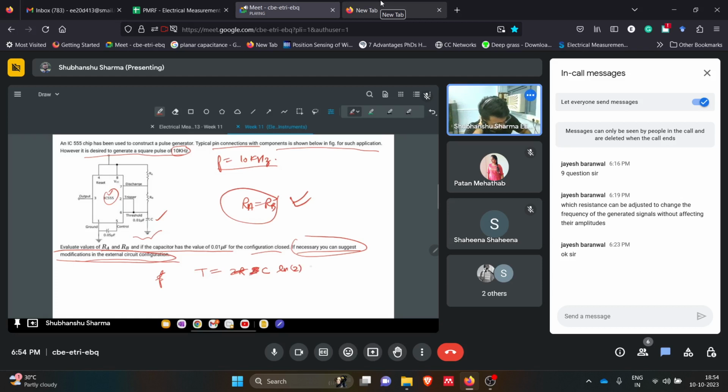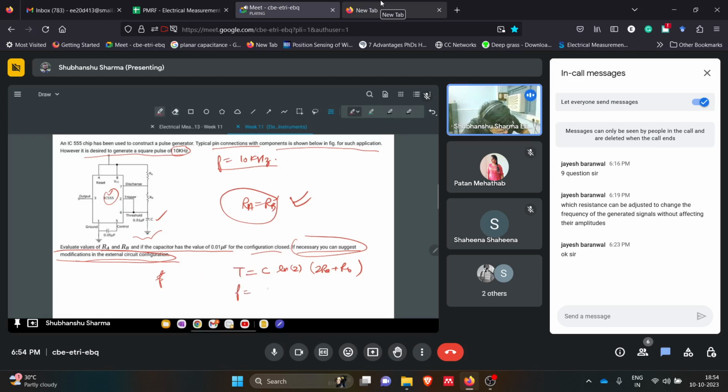I think it is (RA plus RB)... let me check once. Yes, C ln 2 times (RA plus 2RB). So we have this formula.